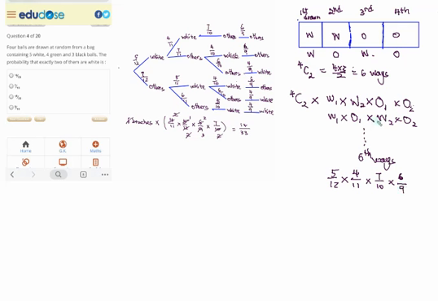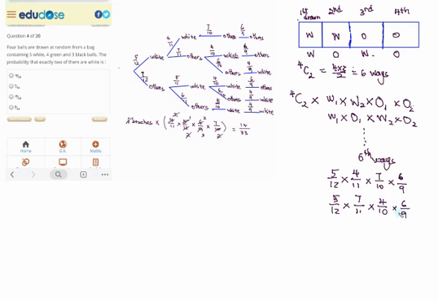Now this is for the first one. The second one will be 5 over 12 times this O1, there are 7 other colors over, if this is the second draw, then there is only 11 left. Then the third one is W, so it's 4 over 10. Then the O2 will be 6 over 9.